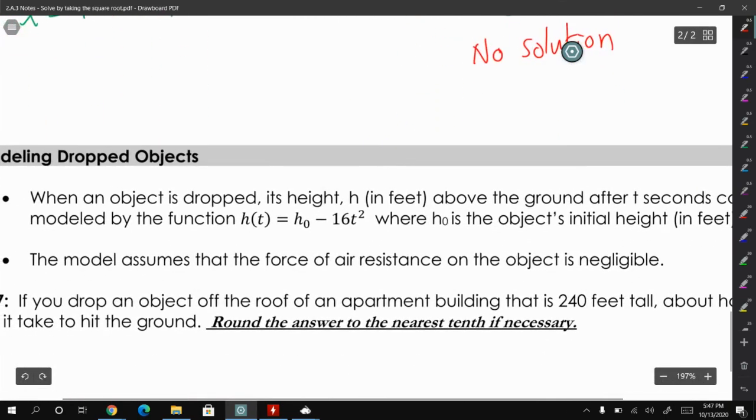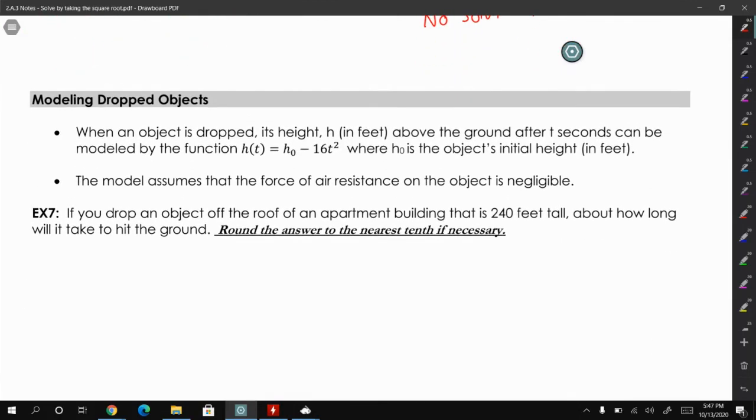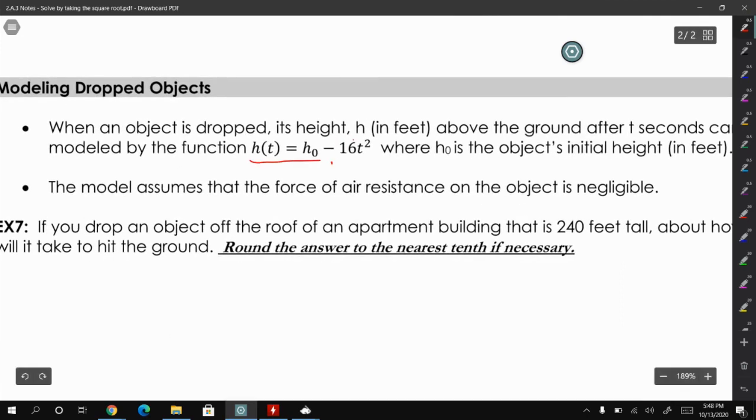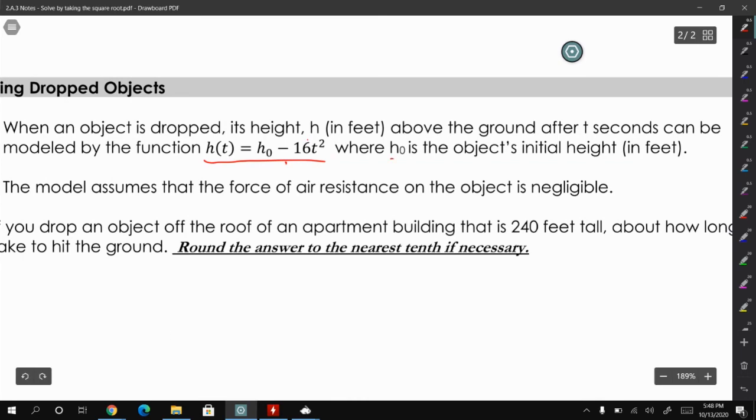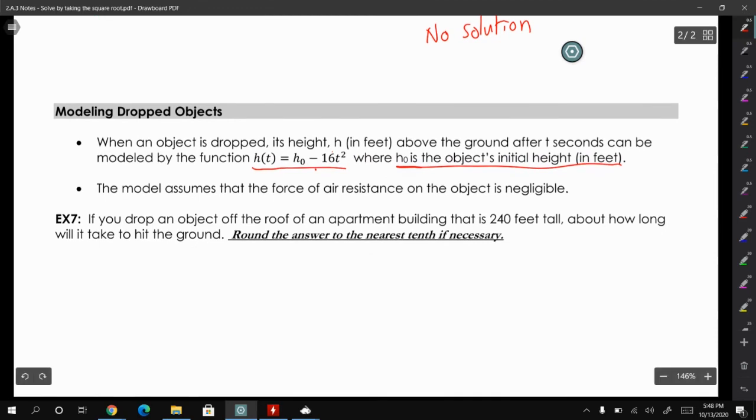The last problem we're going to talk about is word problems. So we have an object that is dropped. Its height in feet is given by h, and t is your time in seconds. And here's a function. h of t equals h naught minus 16t squared, where h naught is the initial height of the object. Okay. So this model assumes that air resistance and all that is not affecting it.